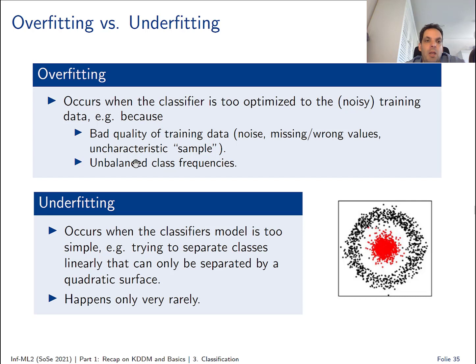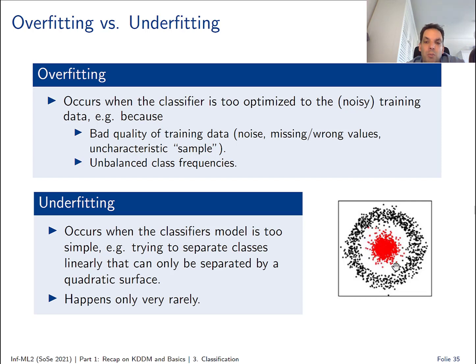And it's overfitting versus underfitting. So there is also underfitting. Underfitting happens only very rarely, but it can occur, especially when the classifier is too simple. For example, look at this one here. If we try to use a linear model for this one here, where the decision boundary between red and black is a circle, so there is not a linear decision boundary.